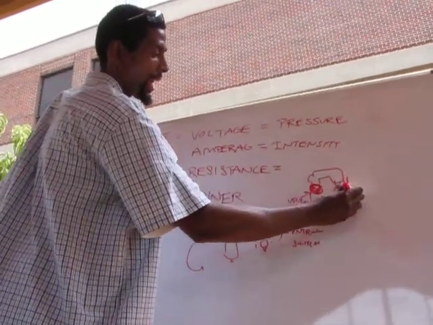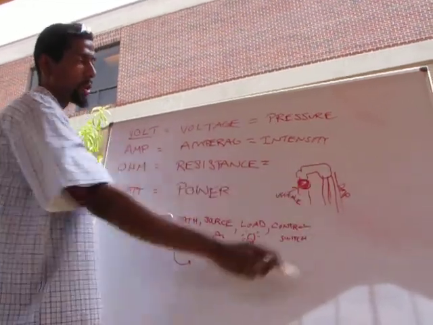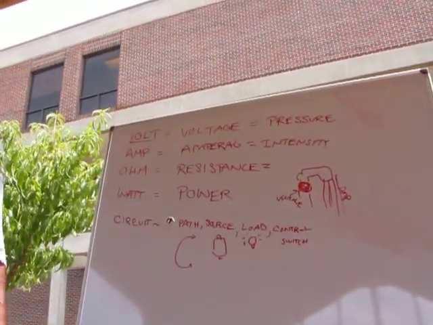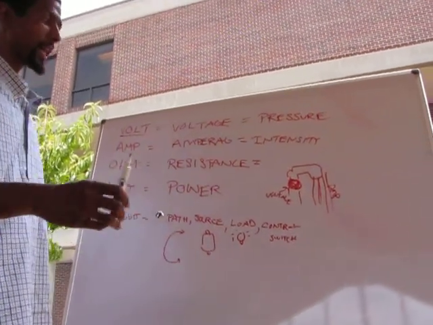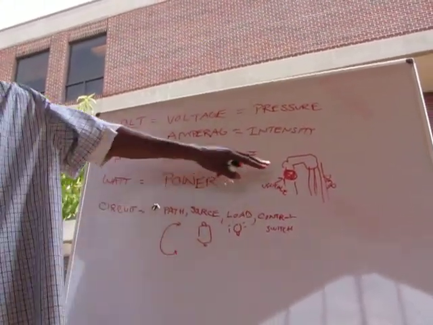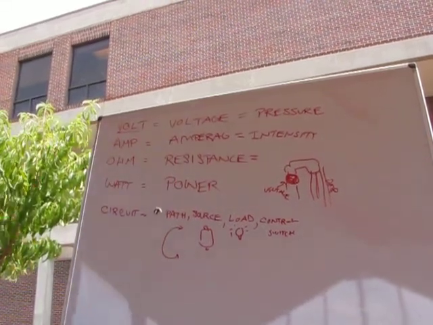The amperage, or the amps, will be measured by how much water is coming out. That makes sense? Real simple analogy, and I'm telling you, it took years for this to click for me. Even with that simple analogy, it took years for me to understand the difference.